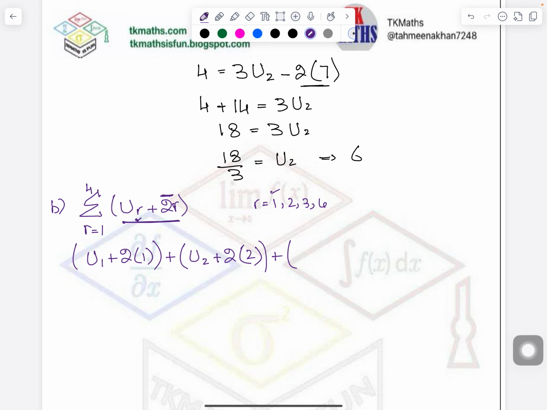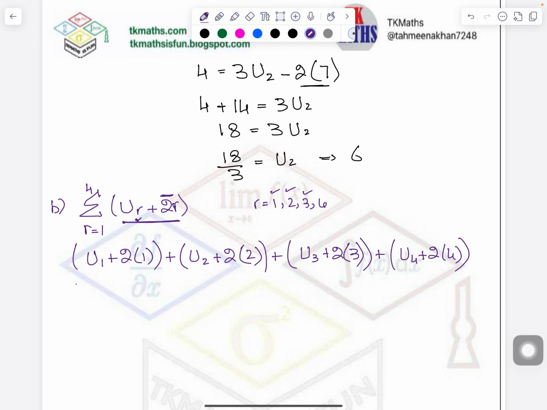Then in place of r we will write 3. Term 3 plus 2 times 3. Now this is also done. The last one is left, which is 4. u4 plus 2 times 4.